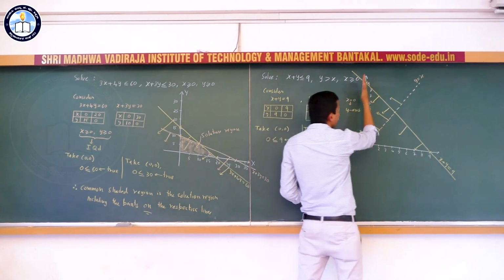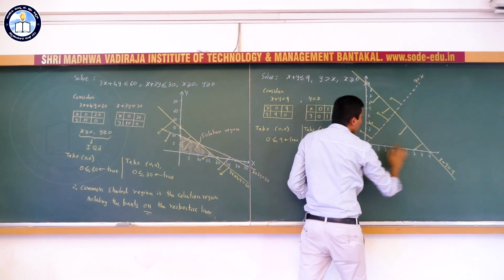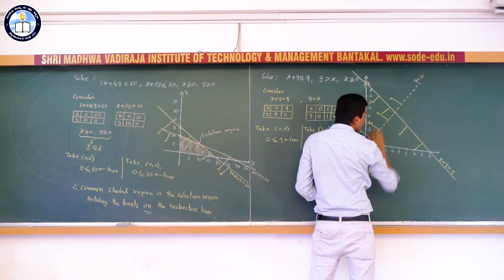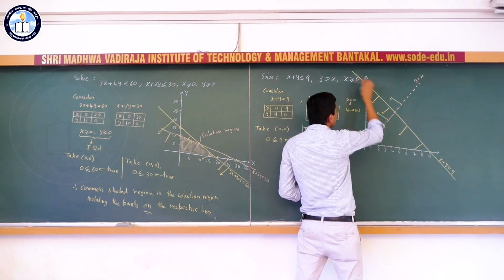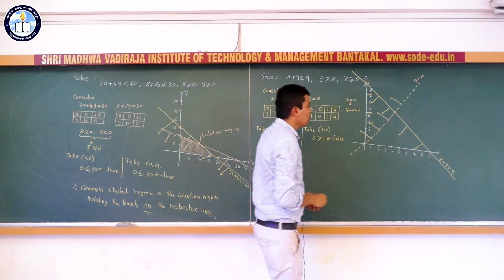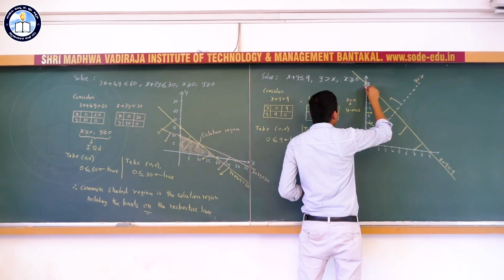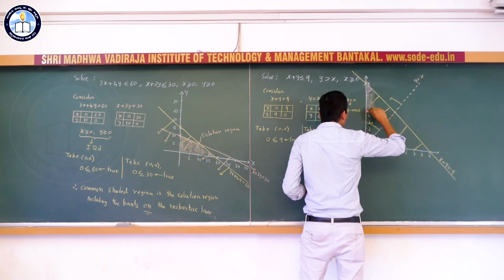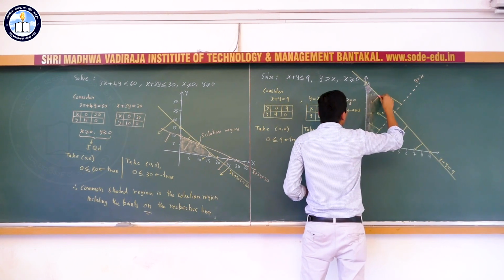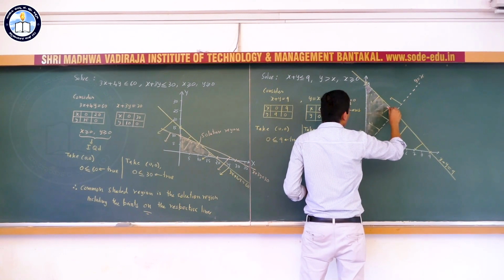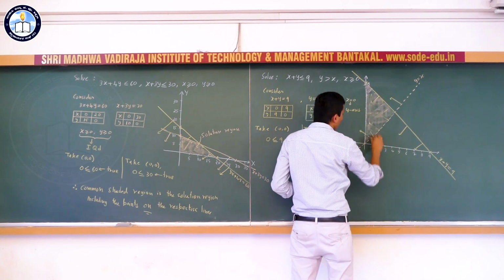That means it should be on the right side of your y axis, where x is greater than 0. So for this inequality, it is the right side of your y axis. Where is the common region? If you see, the common region is here. I can't cross the y axis, it is on the right side of your y axis. I can't go to the second quadrant. This part becomes your solution region.